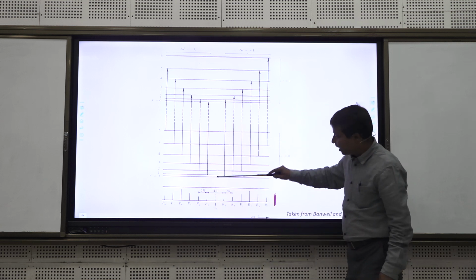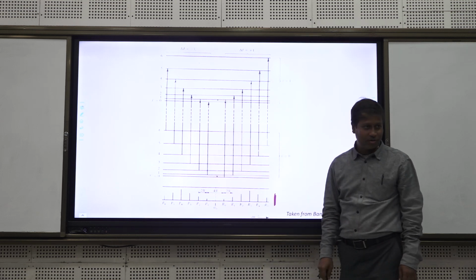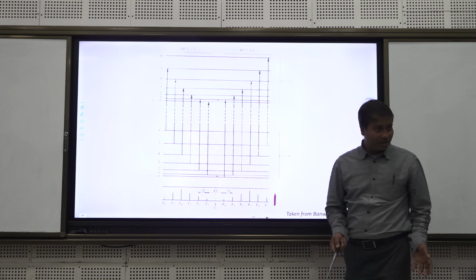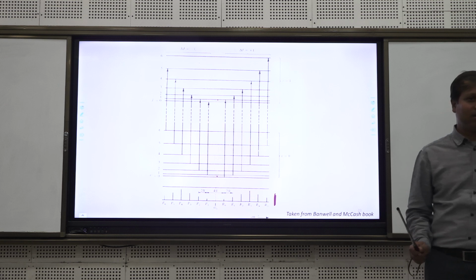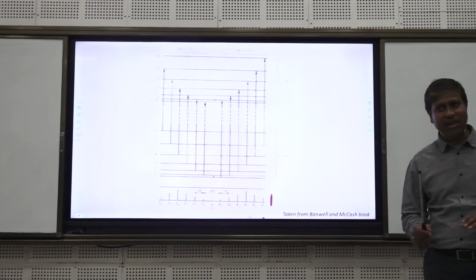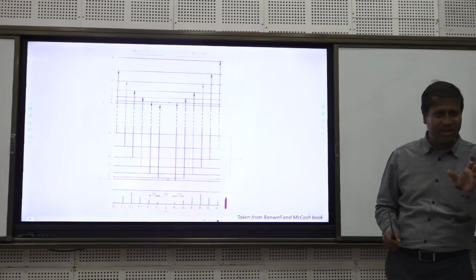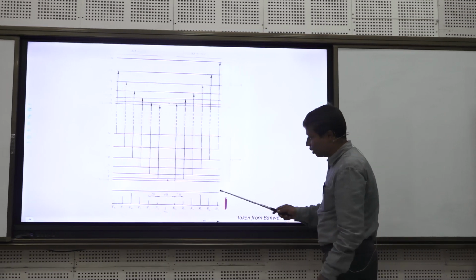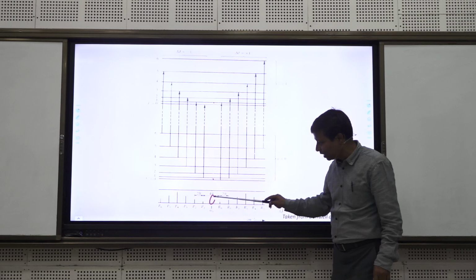There is no transition between 0 and 0. The rule delta J equal to 0 usually does not happen, because whenever there is a change in delta v, delta J must change, except in some specific cases like nitrous oxide. So this center band is not there; there is no band here.